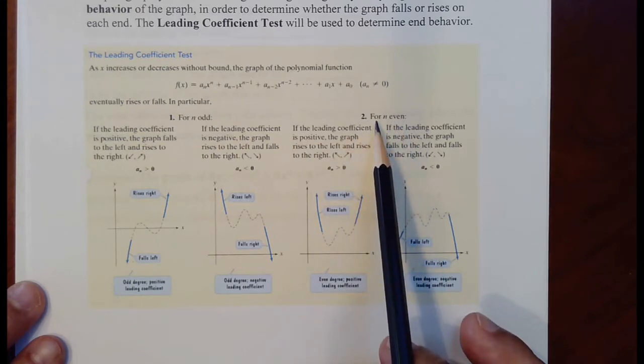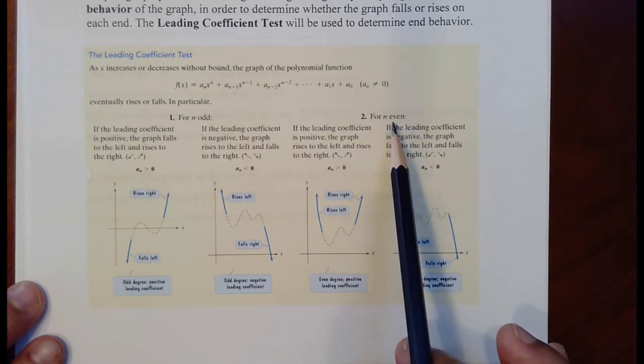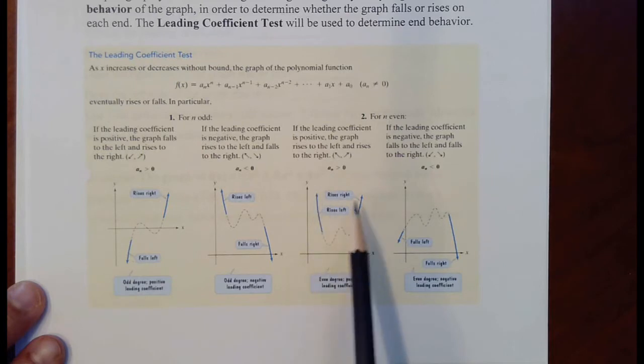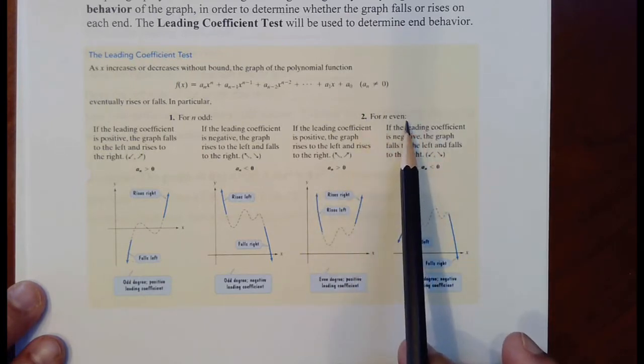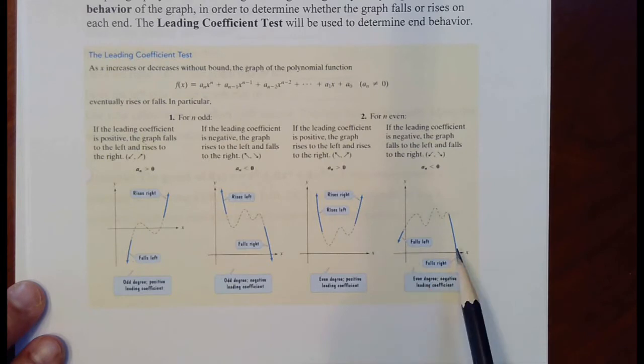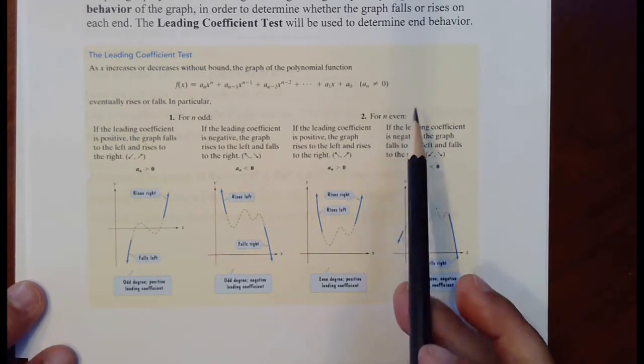And that is the behavior of anything that's even. When the highest degree is even, both ends will either go up or both ends will go down. So if it's even and the leading coefficient is positive, they'll both go up. And if the highest degree is even and the leading coefficient is negative, then they'll both go down.